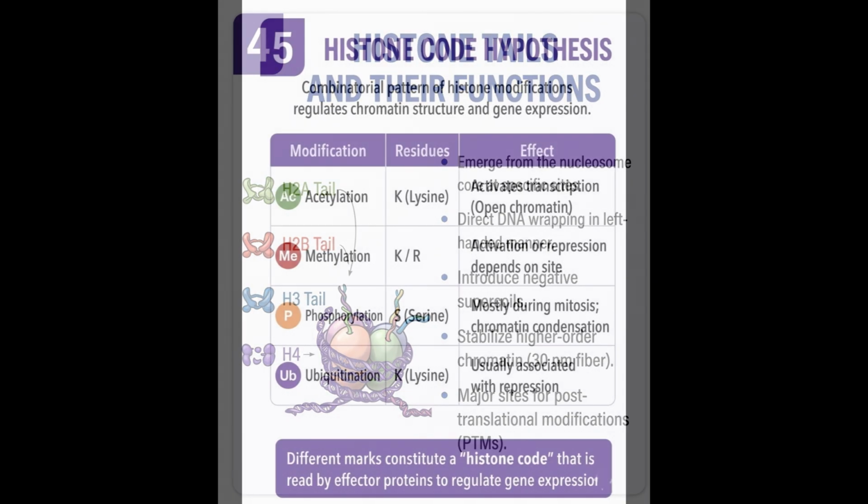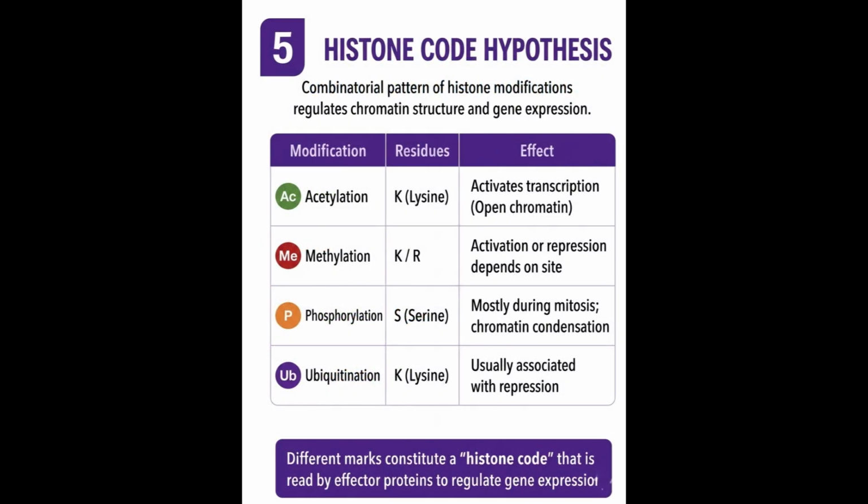Histone code hypothesis. The histone code hypothesis proposes that specific combinations of histone modifications create a regulatory code that determines chromatin state and gene expression. For example, acetylation of lysine residues usually activates transcription by opening chromatin. Methylation may either activate or repress transcription depending on the modified residue.